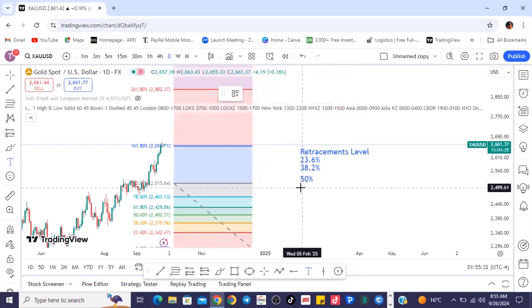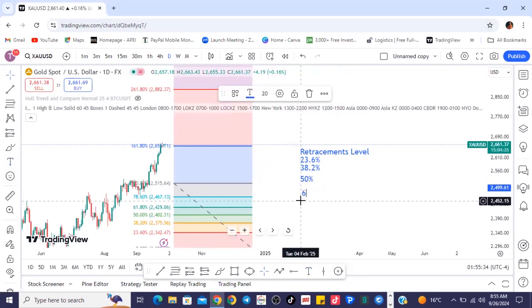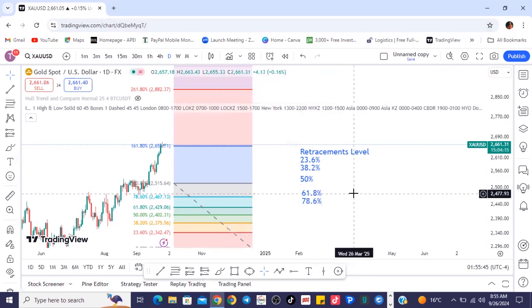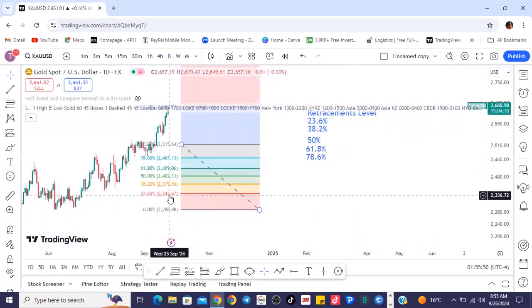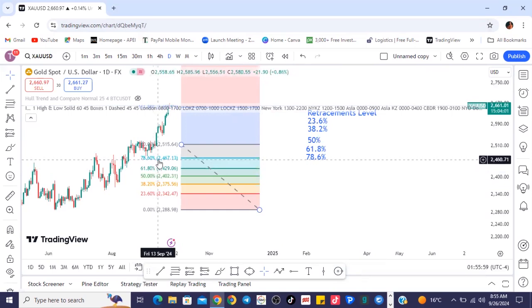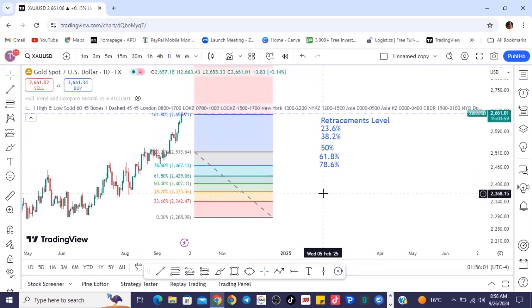Then we also have 61.8%, which is a retracement level. And finally, we have 78.6%. So these are the retracement levels in the Fibonacci that we have, and you can see them here: 23.6, 38.2, 50%, 61.8, and 78.6.